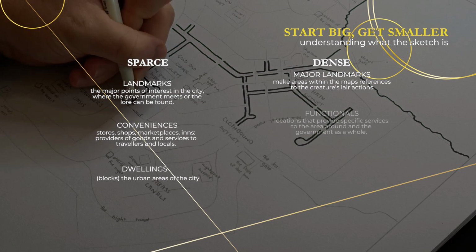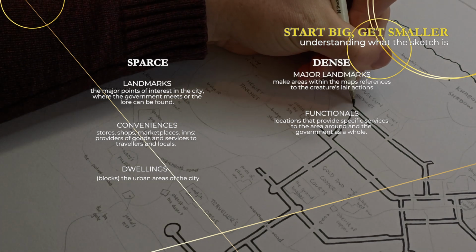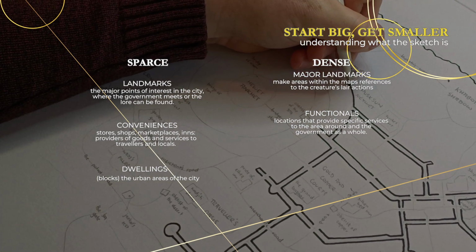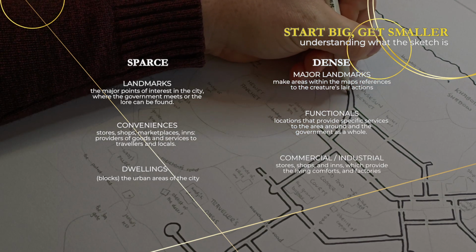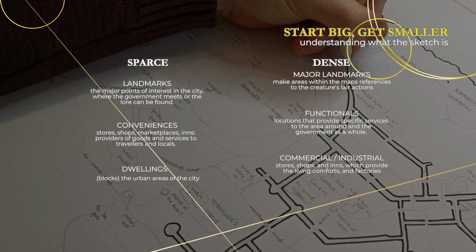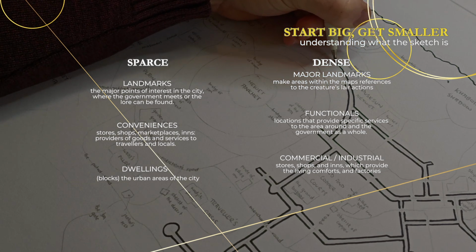The functional areas are where you'll have quests. They're the watch houses, the courts, the prisons, things like that, or sewer systems perhaps. Commercial and industrial areas are going to be more detailed now. With a larger map, you don't just worry about what your players will need, but also about what the city needs.